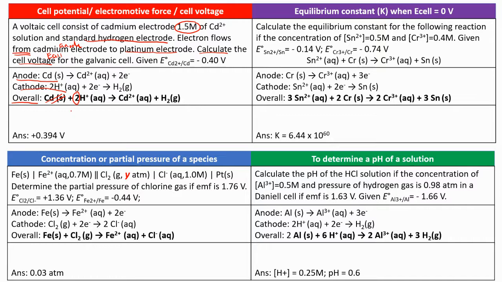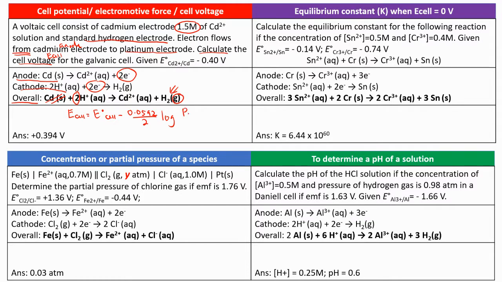Okay, so we can start to write now. E cell equals E naught cell minus 0.0592 over n. What is our number of electrons? 2. Then log, what is our product?